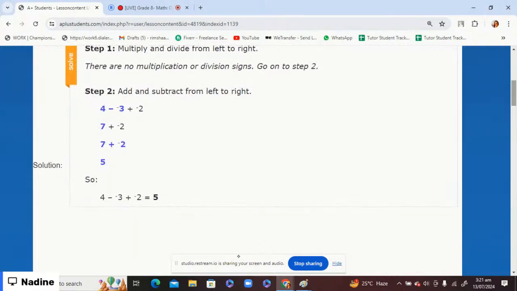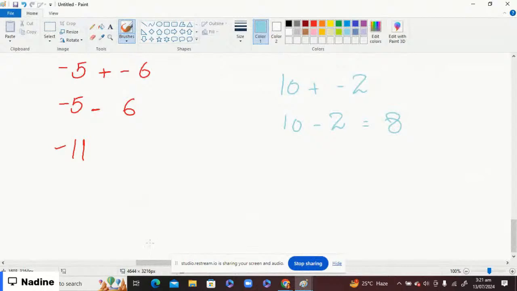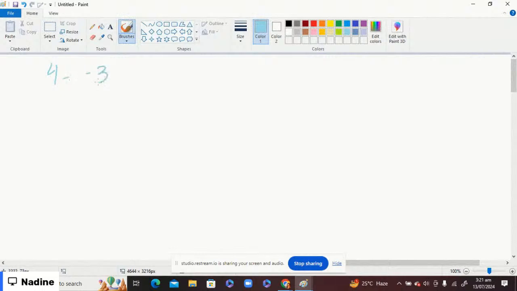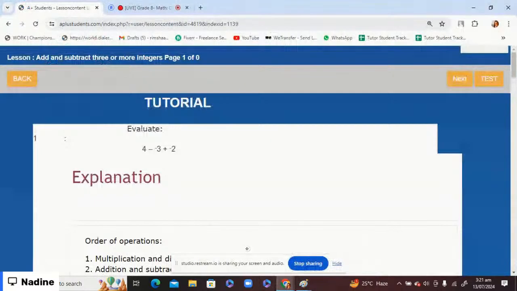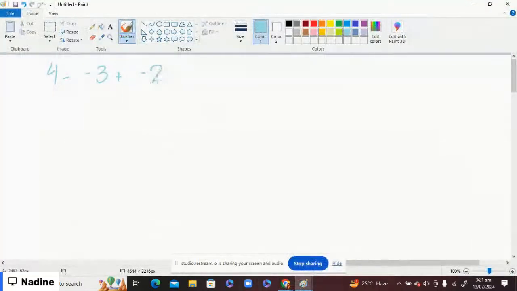So let me write this question. 4 minus into minus 3 plus into minus 2.